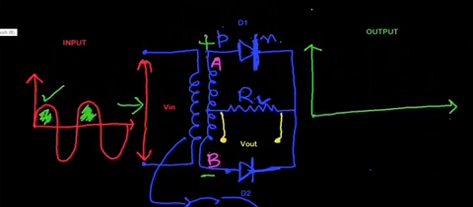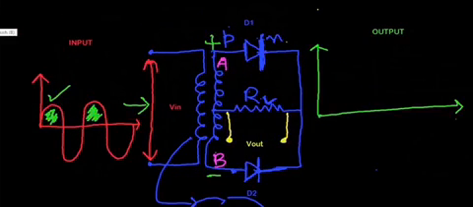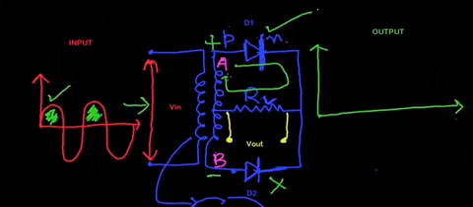This diode will become forward biased and our D2 will become reverse biased. Hence the current will flow in the conventional direction in this way, and you will get an output across the RL. I'm going to color the negative end with a different shade. Let's say we're going to take yellow.